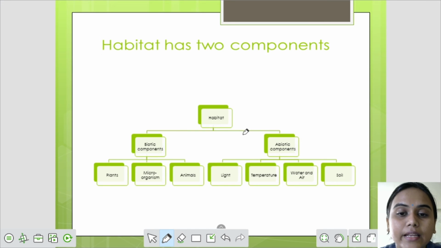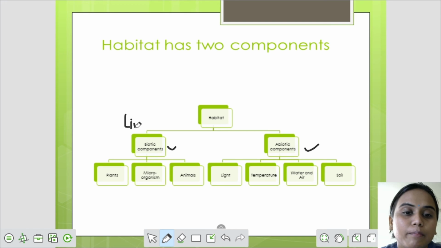But habitat itself is divided into two components, the biotic and abiotic components. What are these? Anything that is a living thing, a living environment, comes under biotic. Bio means living, something that has life.